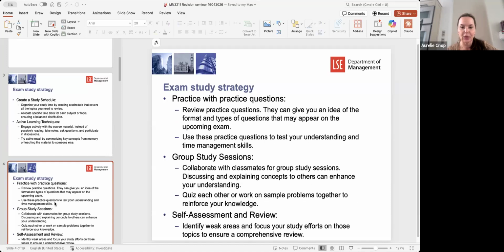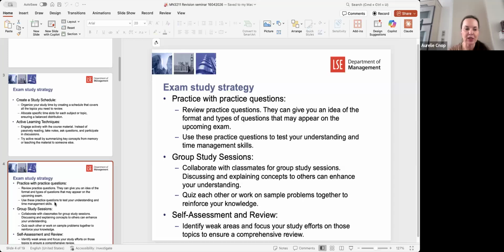So one useful way to prepare for this exam is also to practice with practice questions. Practice questions are a more active way to review the material, right? They give you an idea of the format and the type of question, and they force you to really question your understanding of the concept rather than just re-informing yourself that this is the definition, which is a very passive way to look at the course.